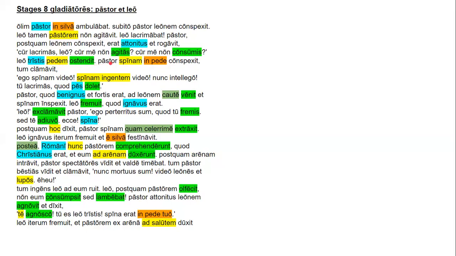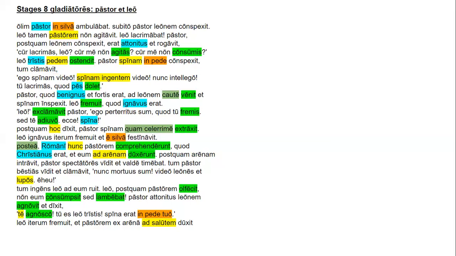Okay, next sentence. Pastor spinam in pede conspexit tum clamavit. We'll stop right there. So the pastor, again, nominative subject, the shepherd, spinam. So spinam is accusative. It's a first declension noun from spina, and spina means thorn.